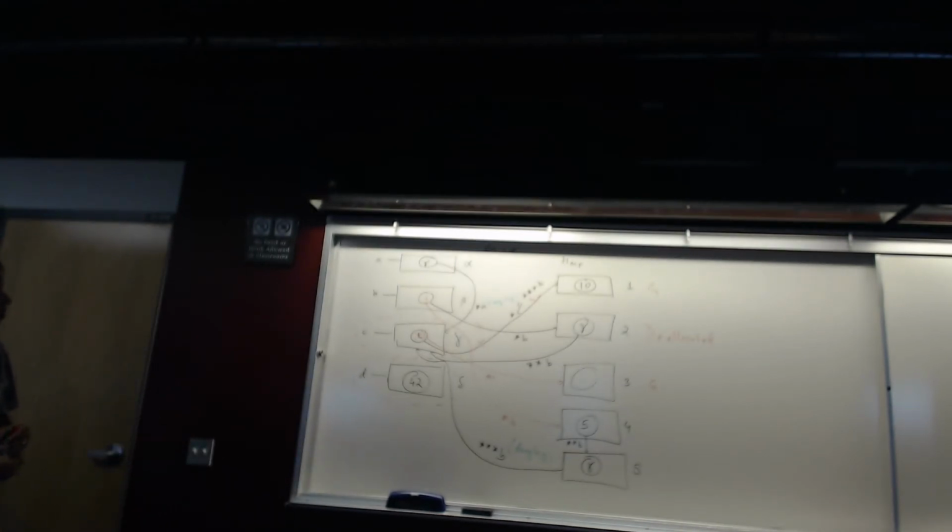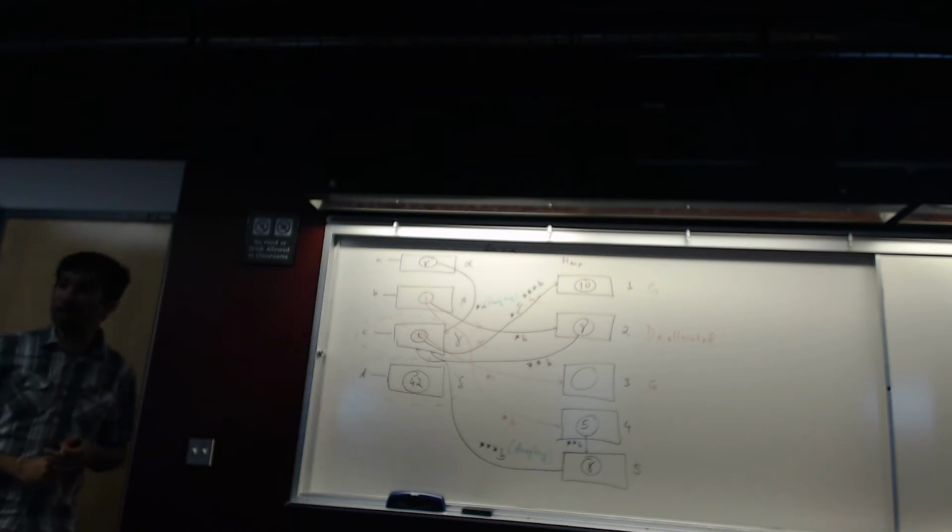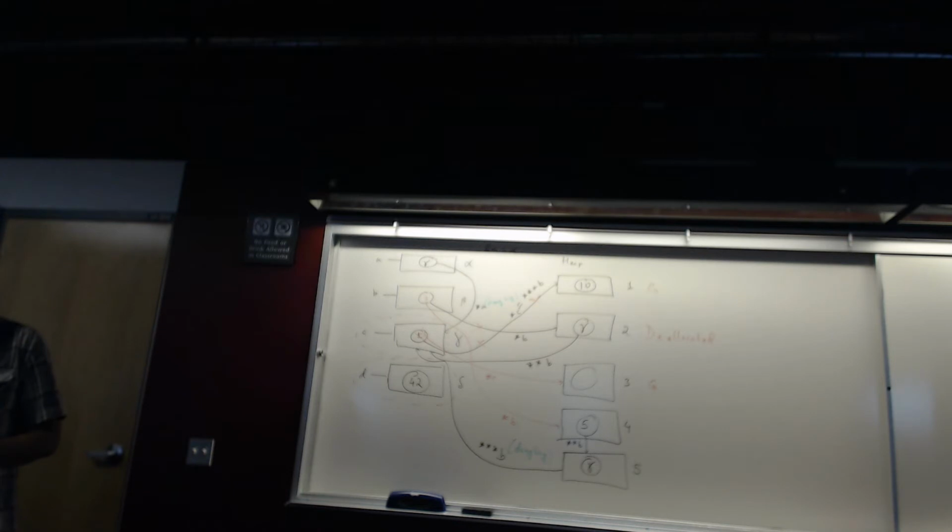Star, star B. Is it dangling? No. Why not? Because it's going to 5. It didn't deallocate 5. 5 is still there. So star, star B is not dangling. I don't think there are any other dangling references.